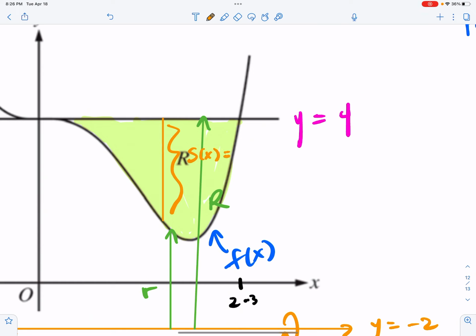S of x, the base of each triangle, will be 4 minus f of x. So 4 minus f of x being x to the 4th minus 2.3 x cubed plus 4. So that means that the 4's will cancel and s of x will be negative x to the 4th plus 2.3 x cubed.